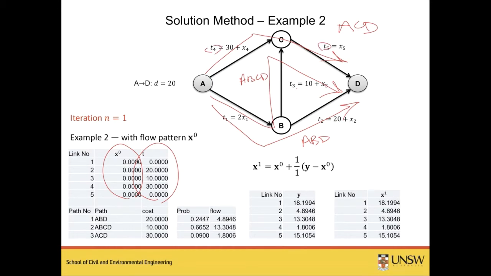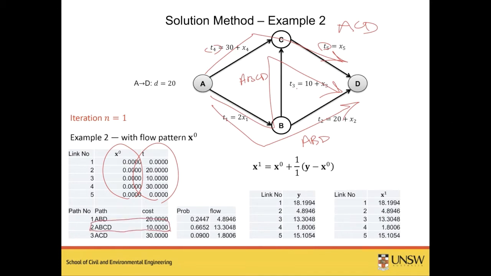And now remember, if it was the original MSA and the traditional UE, or deterministic UE, let's call it, what should we do next? We would do an all or nothing assignment, right? It's time to do all or nothing assignment and load all the demand to the shortest path ABCD.